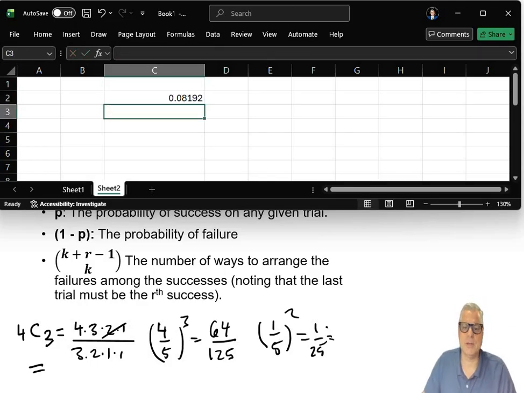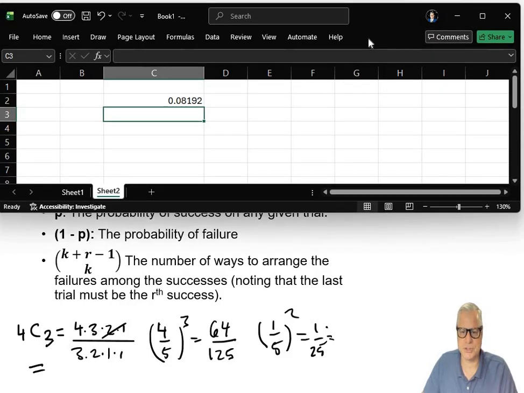So there's an 8% probability if we calculate it manually.